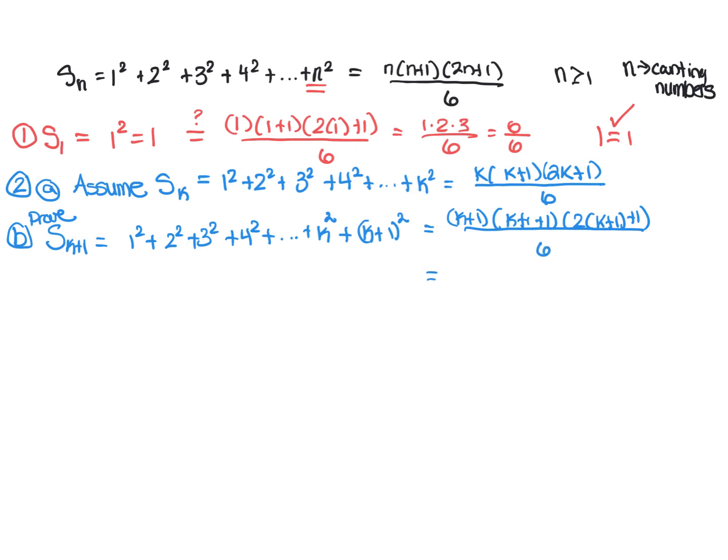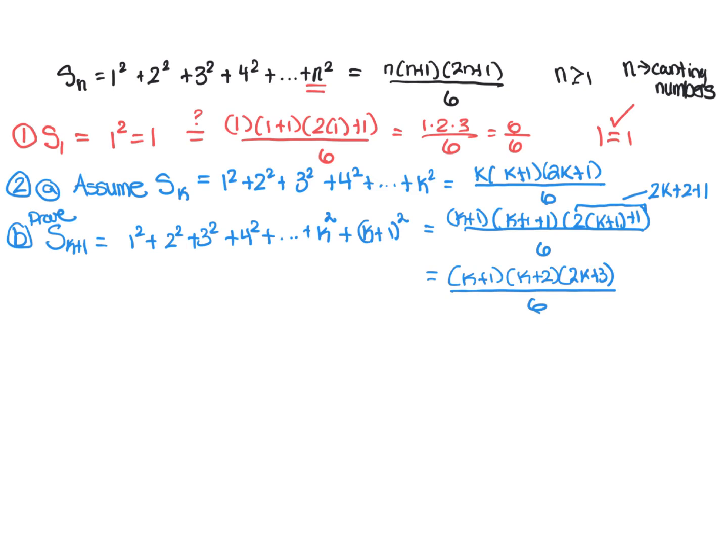I'm going to rewrite this formula one time. This is k plus 1 times k plus 2, and then 2k plus 2 plus 1 is 2k plus 3, all over 6. So that's what I'm looking to prove.